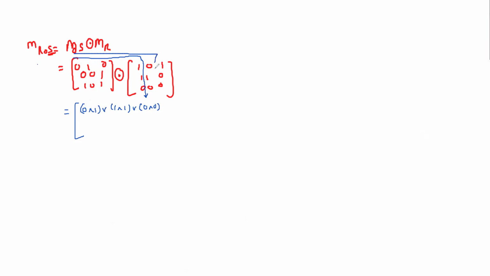Similarly, first row is multiplied with second column, or zero, right? First row multiplied with third column. Are you getting my point? Yes, yes.